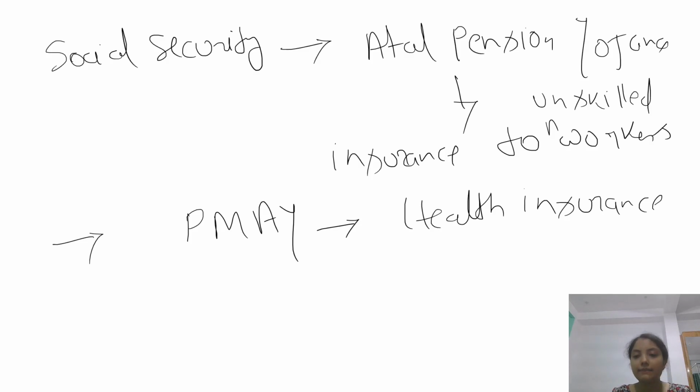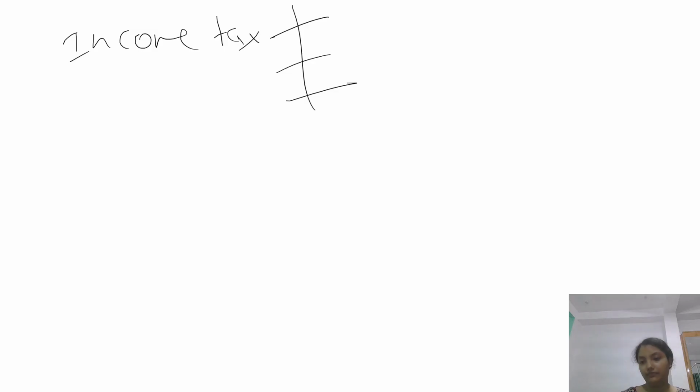India has a progressive taxation system. Through its taxation policy, India is also redistributing its wealth. The income tax slab is different for different people. There are different slabs of income, so this is progressive taxation.